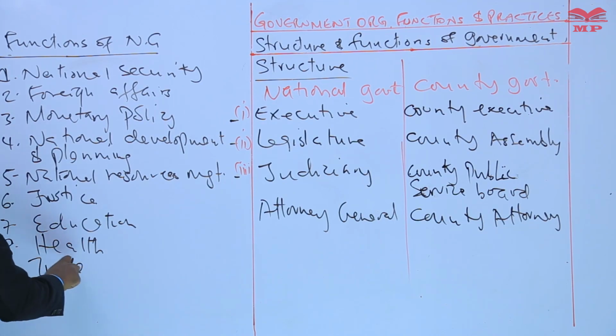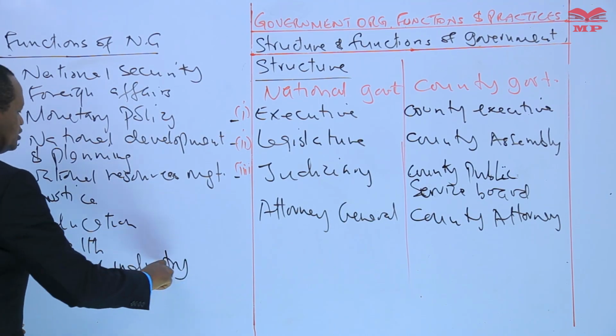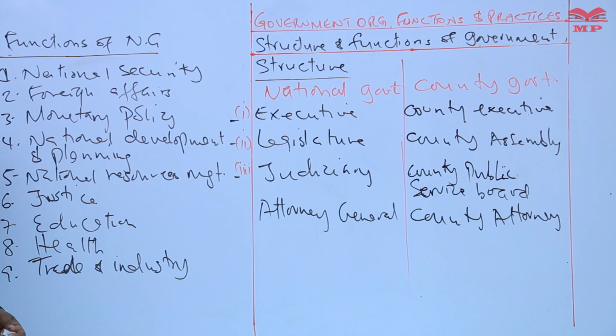Trade and industry is yet another function of the national government. It is responsible for the formulation and implementation of policies and programs aimed at promoting trade and industrial development in Kenya. So these are the functions of the national government.